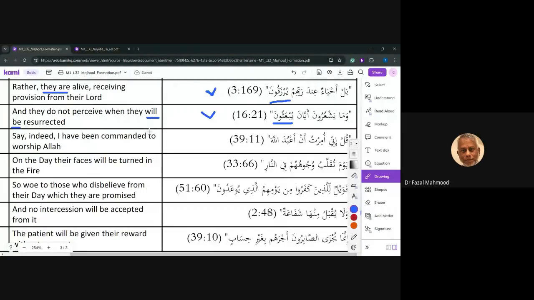But there is no actor here. It's just saying they will be. Yub'asuna. No actor. Yub'asuna is majhul. That's why the meaning is when they will be resurrected. It's not saying Allah will resurrect them. It's saying they will be resurrected. Clear?